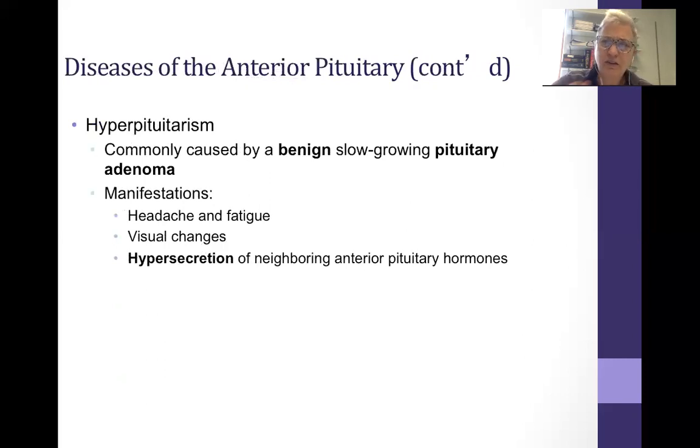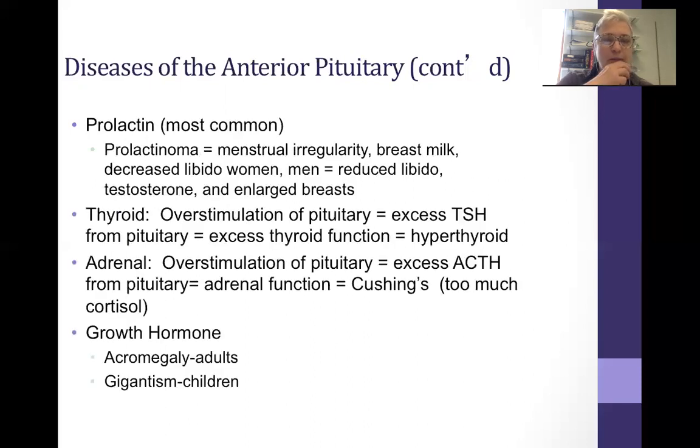It's kind of interesting because I think they can do surgery through your nasal passage. It sits close to your nasal passage, but I'm not 100% sure I remember that correctly. It could manifest itself in hypersecretion of a lot of anterior pituitary hormones, headaches and fatigue, and other such things. But let's look at this hypersecretion a little bit.